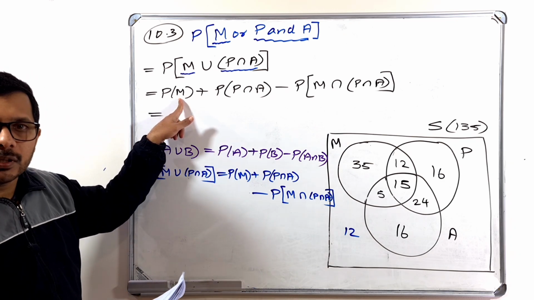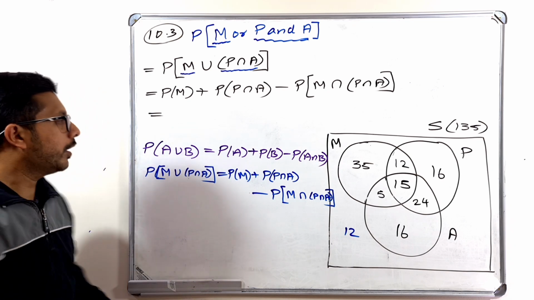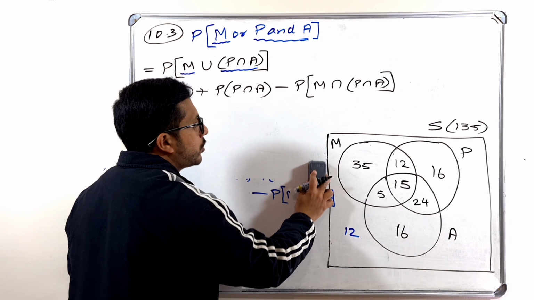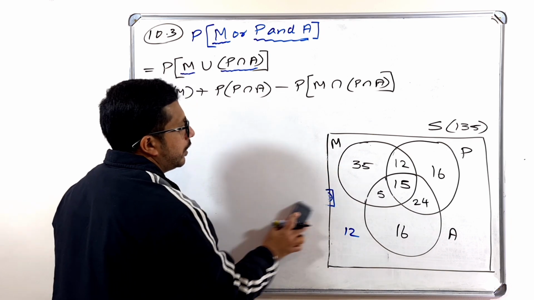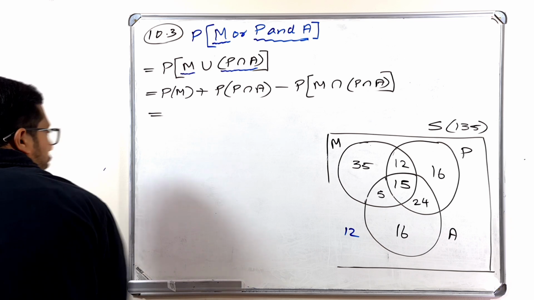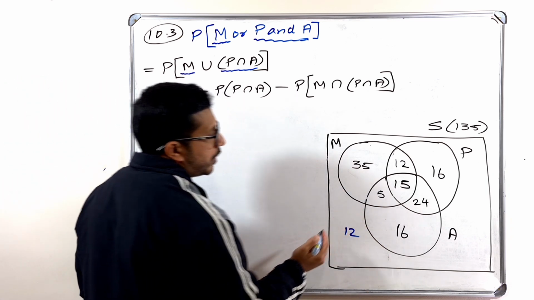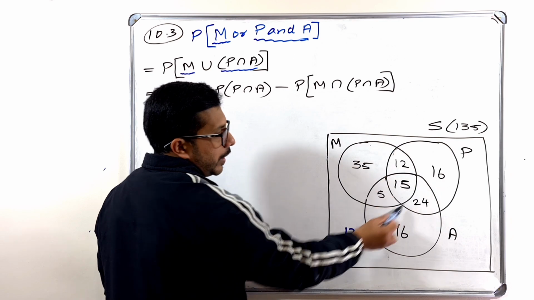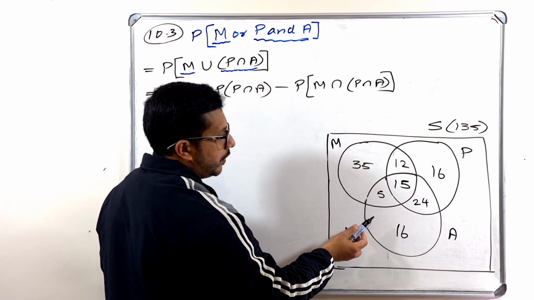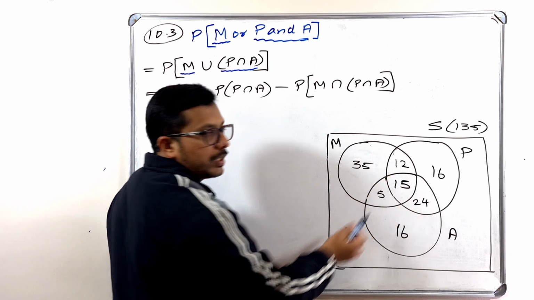Probability of M, probability of M stands for mathematics. So how can you find the probability of M? Probability of mathematics, first you have to know how many students are taking mathematics. Am I right? This is the mathematics circle, so it is 35 plus 12 plus 15 plus 5. What is the answer? 40, 55, 65, 67.